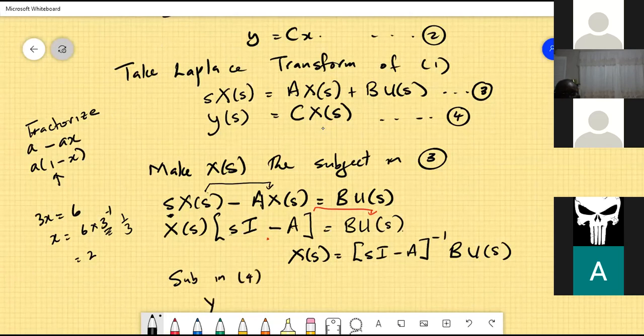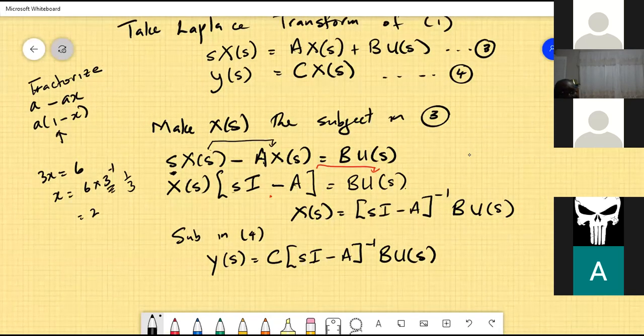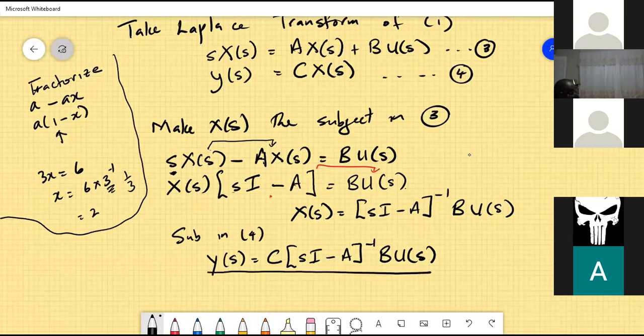So we get Y of s is equal to C times sI minus A inverse times B. So this is what I want to talk about now.